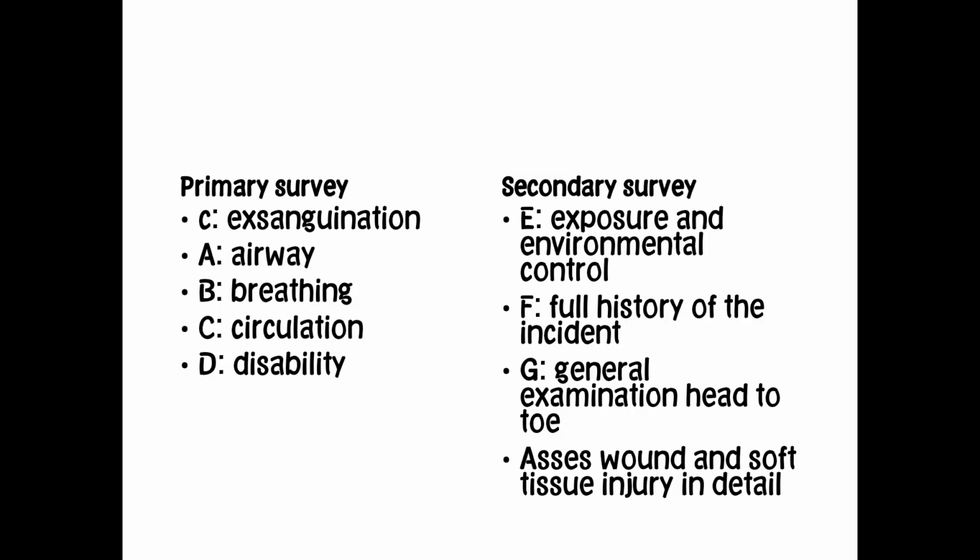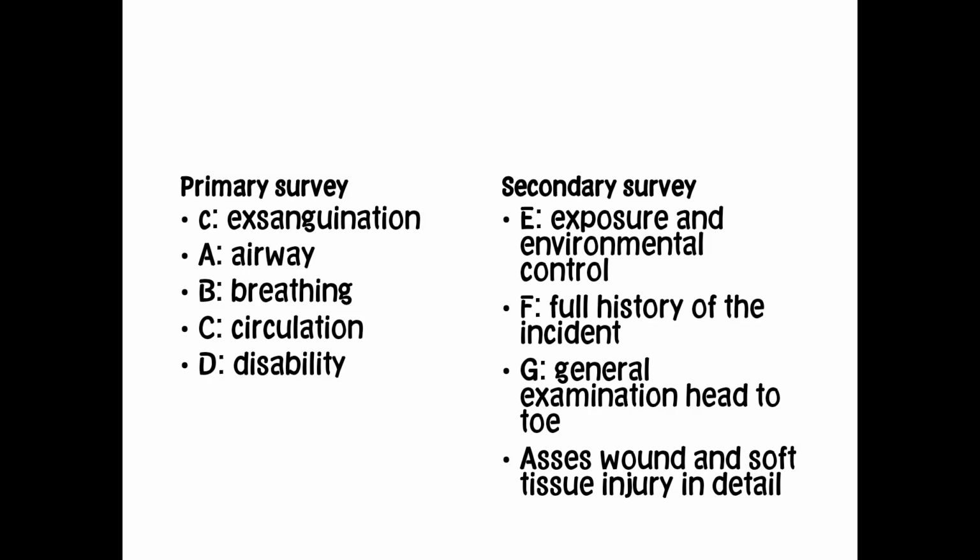You also assess for disability, that is neurological disability, and that is always assessed through performing a CNS exam and doing a GCS score, and you assess whether the patient is fully conscious or if the patient is already unconscious and their GCS score is low and non-promising.